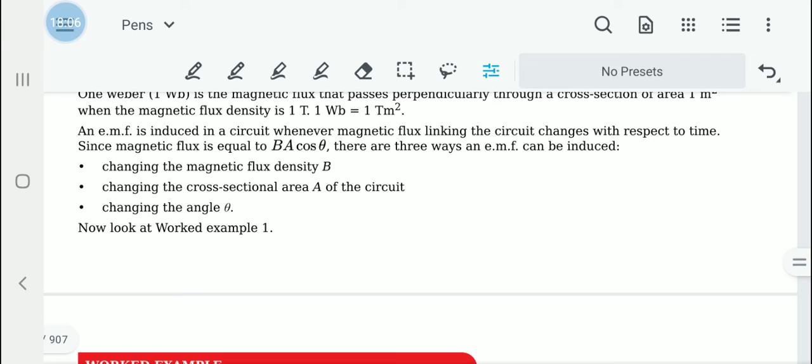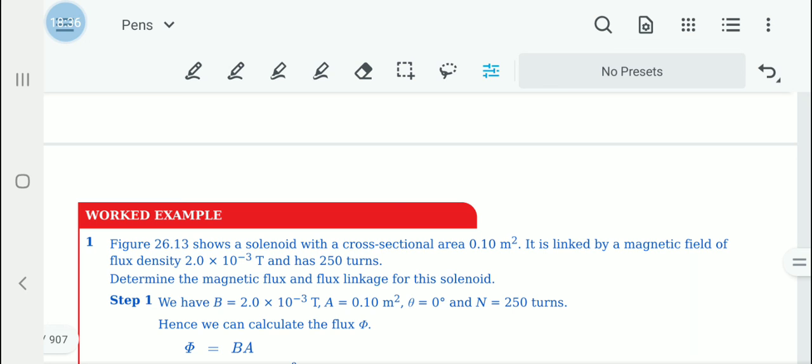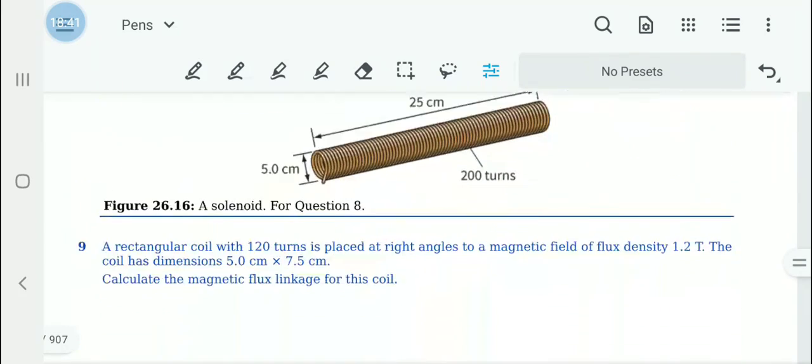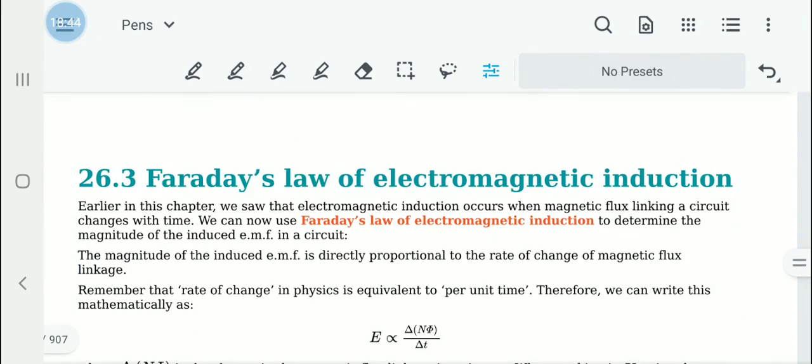When you consider N, there are four ways that we can increase the EMF, but here we are talking about how it can be changed. First, we change B, that is changing the magnetic flux density B. Second, changing the cross-sectional area A of the circuit. Third, change the angle theta. I hope you understood. If you understood, please do the questions 4 to 9, and in the next video we will discuss Faraday's law of electromagnetic induction.